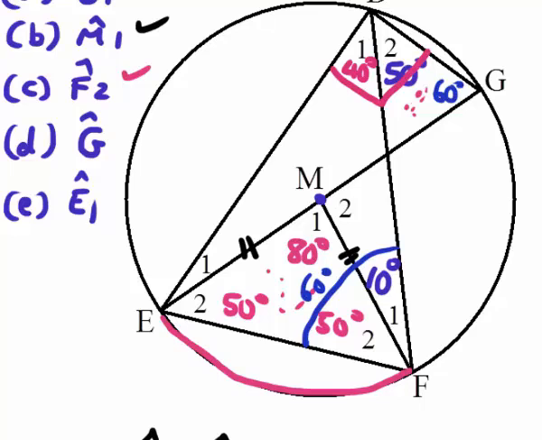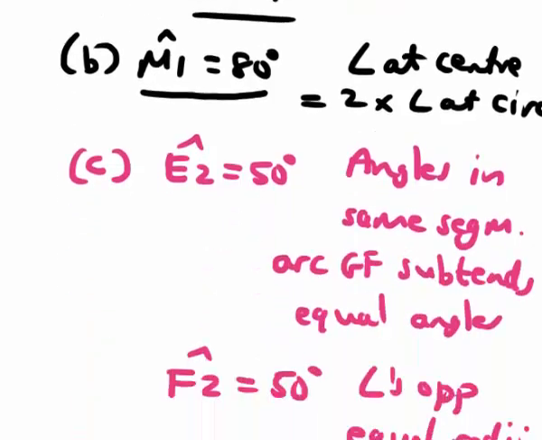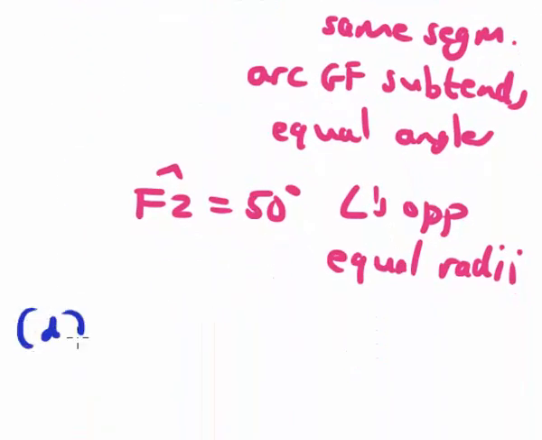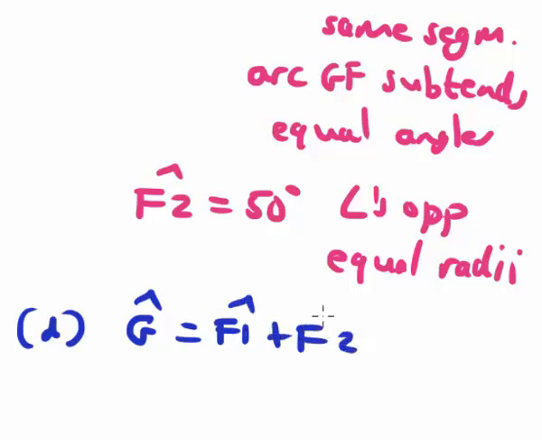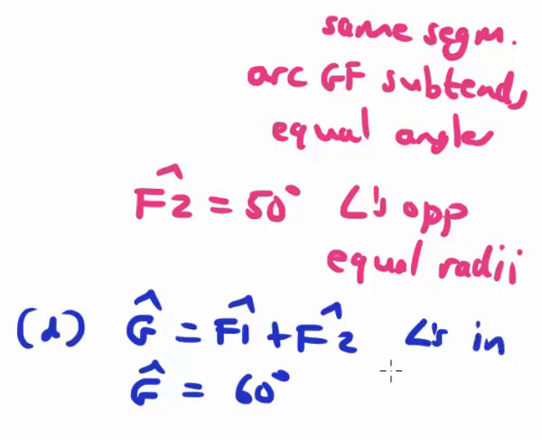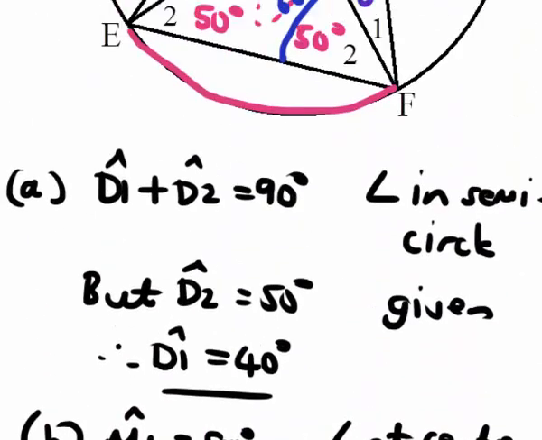You see, F1 plus F2 is equal to G. So if you look at this carefully, we can say in D that clearly angle G is F1 plus F2, which of course is, F1 is what? That's 10 plus 50 gives you 60. And again, the reason: angles in the same segment, or you can look for the equal arcs. Which is cool.